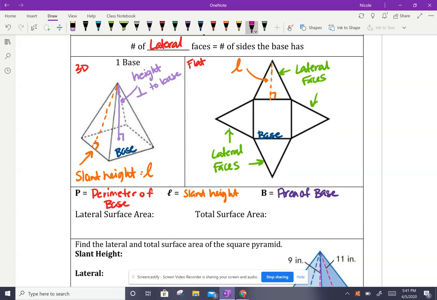So for lateral surface area, we're going to take 1/2 of the perimeter times the slant height. 1/2 times the perimeter times the slant height. And then for total surface area, we're going to take lateral plus, and how many bases do we have? Look at that pyramid. How many bases are there? There's just one. So plus the area of the base.